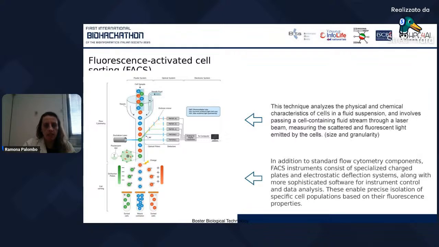With fluorescence activated cell sorting, that is the FACS that I mentioned before, this technique analyzes the physical and chemical characteristics of cells in a fluid suspension. So I can have the information for a single cell using a detector that gives me the information about the size of the cell, but also of its granularity.